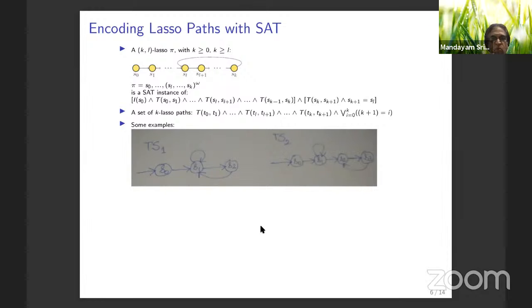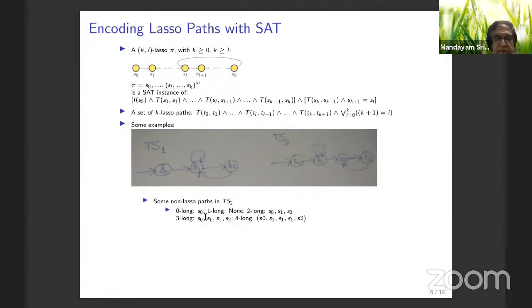For these two, some are lassoing paths in these examples, and some are non-lassoing paths. Am I using TS2 or TS1? Maybe it's TS1. Okay, let's see. A 0 long non-lassoing path is S0, correct? That's the only path.